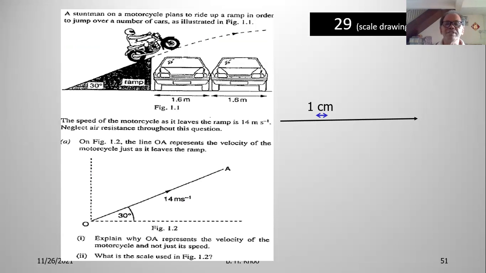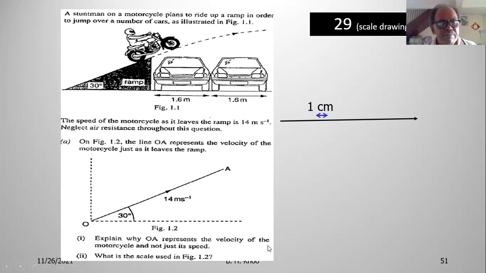Okay, here's an old question. Yes, use scale drawing if you want to. A stuntman on a motorcycle plans to ride up a ramp in order to jump a number of cars. The speed of the motorcycle as it leaves the ramp is 14 meters per second. Neglect air resistance throughout this question. On figure 1.2, the line OA represents the velocity of the motorcycle just as it leaves the ramp.